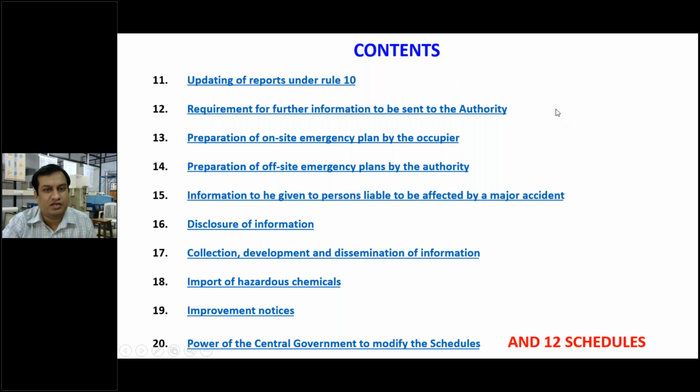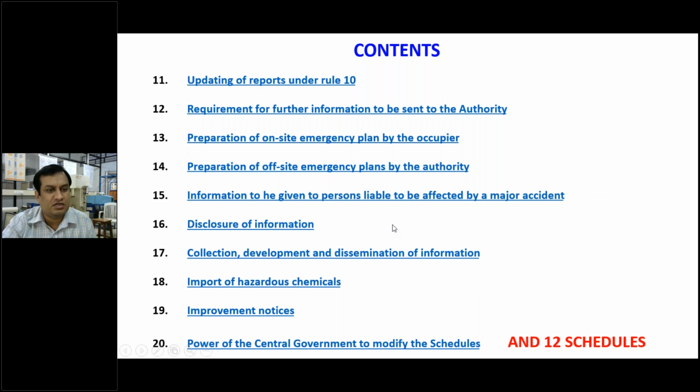Rule 12, requirement of further information to be sent to the authority. Rule 13, preparation of on-site emergency plan by the occupier. Rule 14, preparation of off-site emergency plans by the authority. Rule 15, information to be given to persons liable to be affected by a major accident.